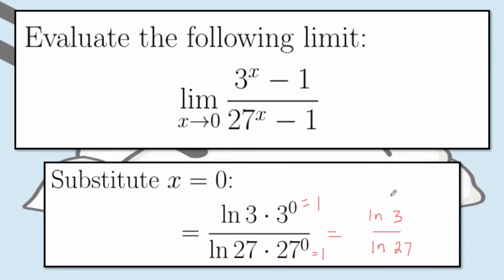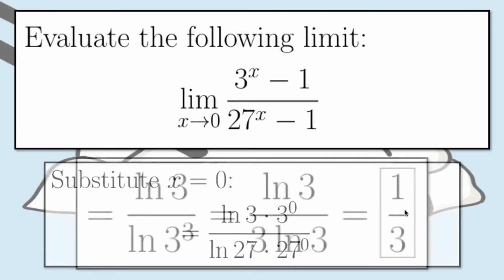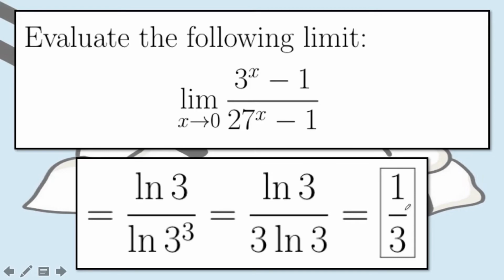All we have to do now is simplify this and we would be able to get our answer. Now it's just a concept of logarithms. I will rewrite ln 27 as ln 3 cubed, because 3 cubed is indeed 27. Take note of the property of logarithms: for the natural logarithm of 3 raised to 3, I can put the exponent in front.